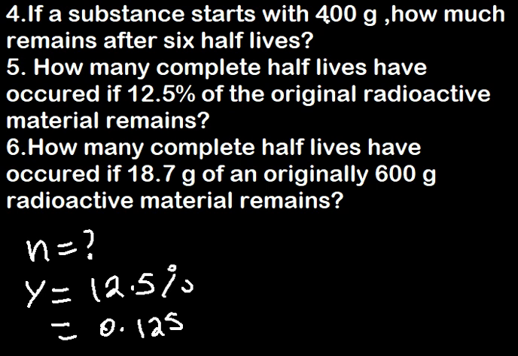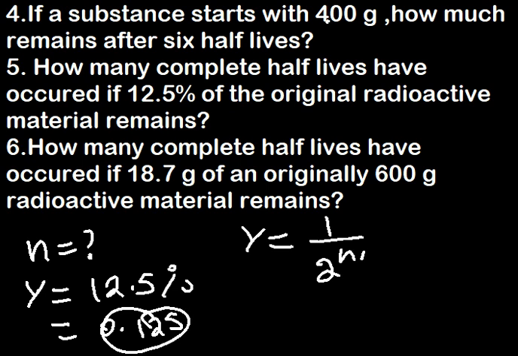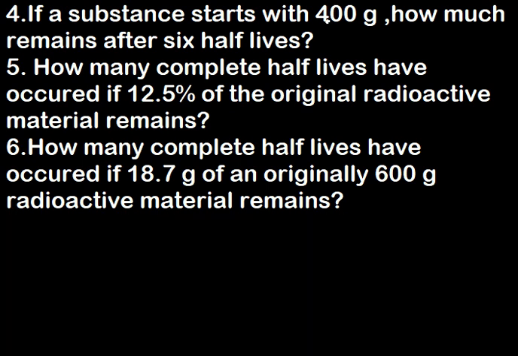Now we are looking for the actual number of half-lives, of which the formula has to be given as y is equal to 1 over 2 to the power n. And since we have this, we can be able to solve for n. So try to have that out on your own.